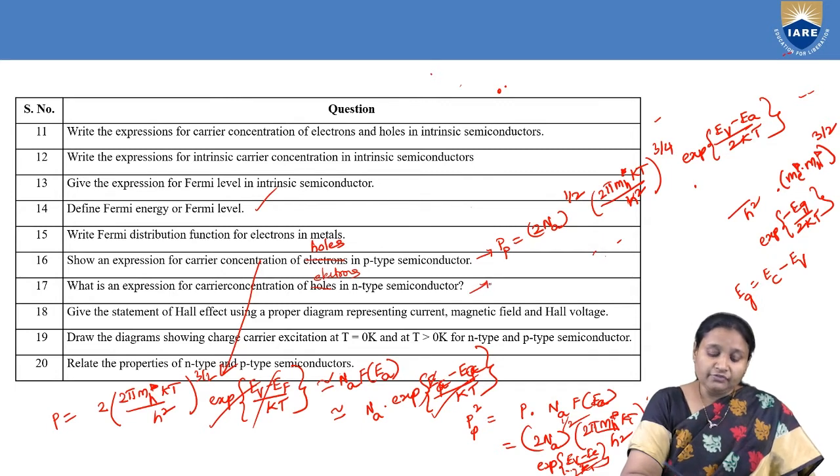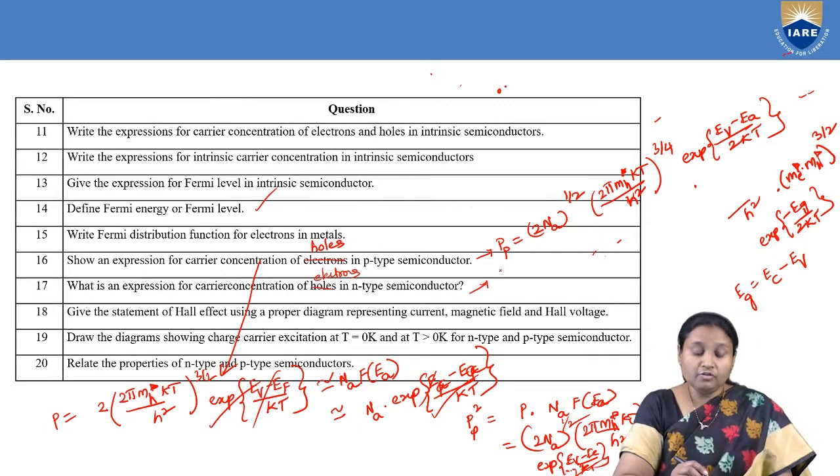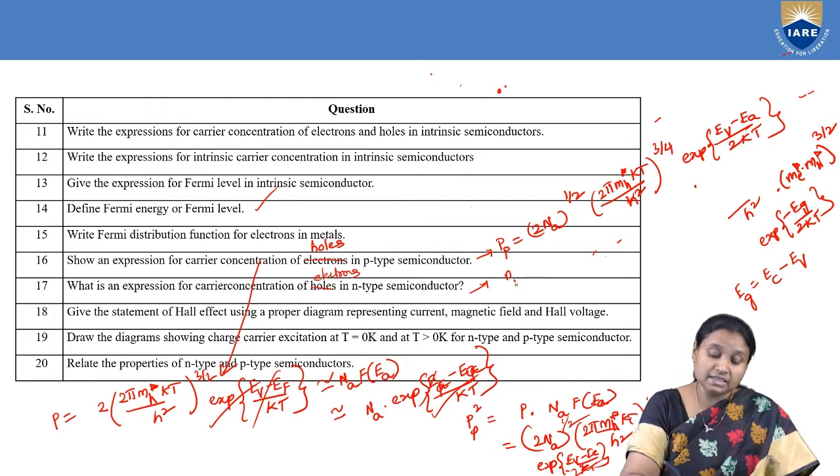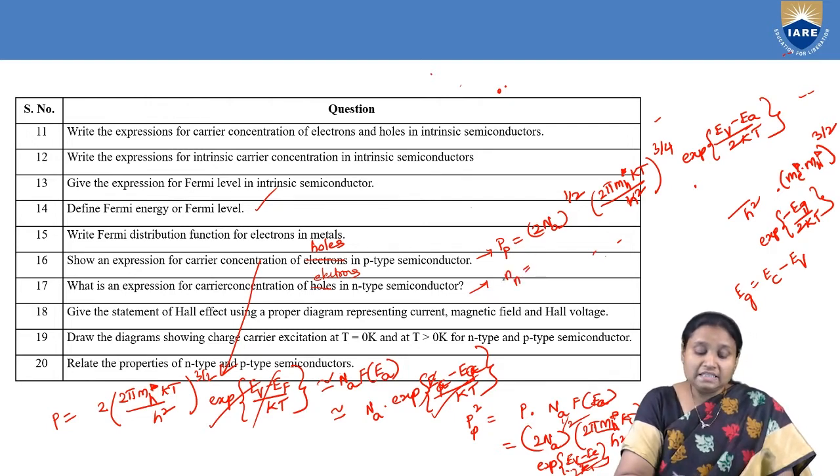And similarly, if we want to write the density of electrons or carrier concentration in n-type semiconductor, it is represented as n_n. n stands for density of electrons in n-type semiconductors.